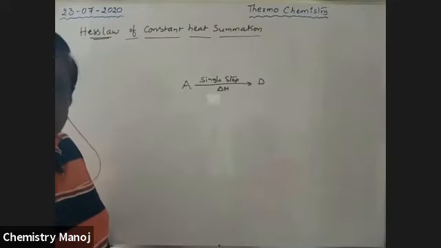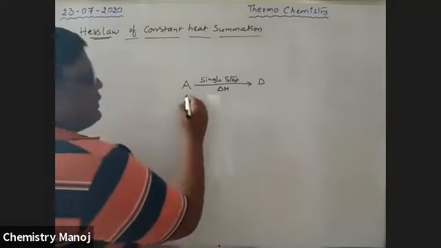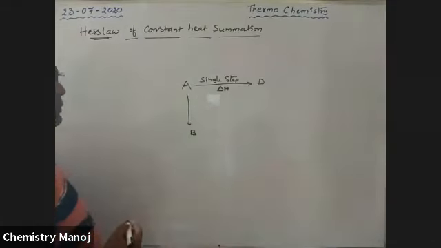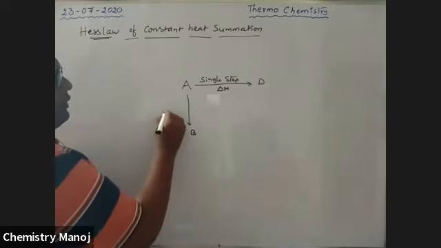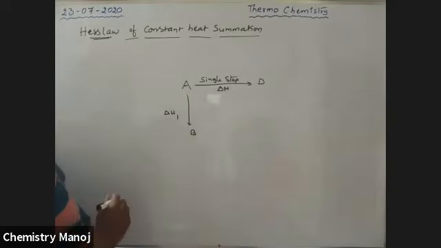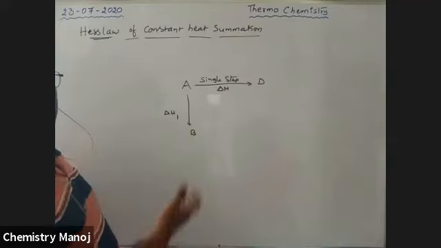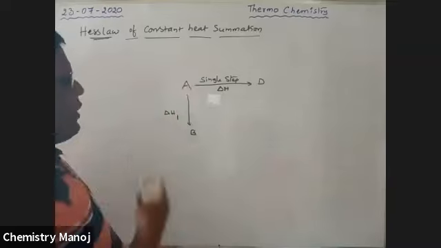But indirectly, A may also convert into D in multiple steps. So see here, first of all A changes to B, not D. My target is D. But it is a reaction, so delta H1 is the change in enthalpy of this reaction. Because it is a reaction, there should be a heat change, even though it is not the complete reaction, it is the first step.